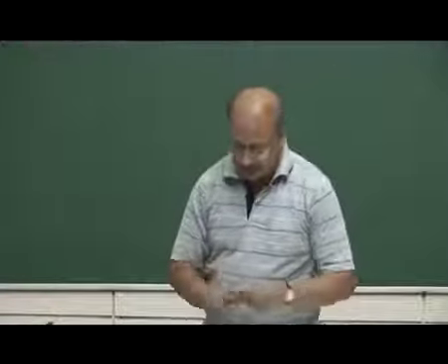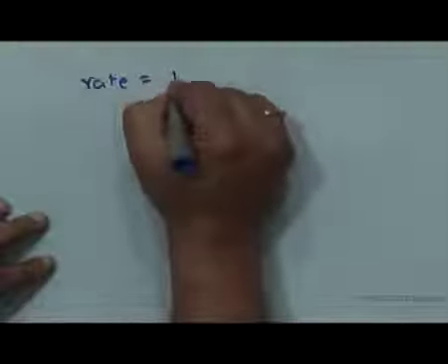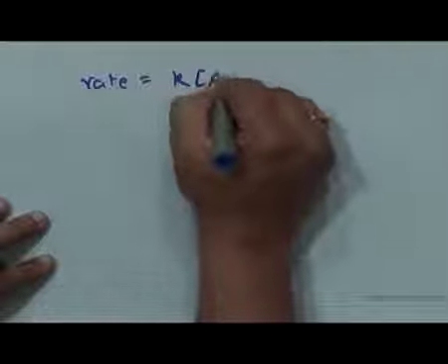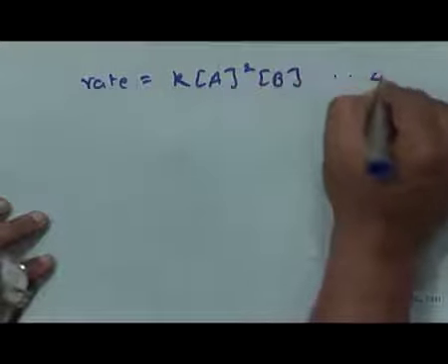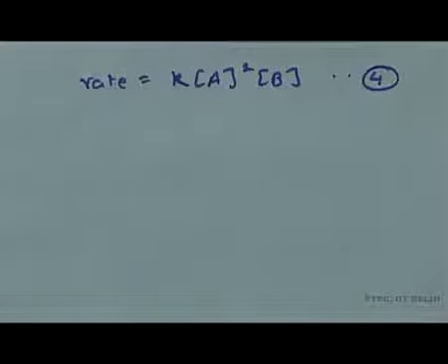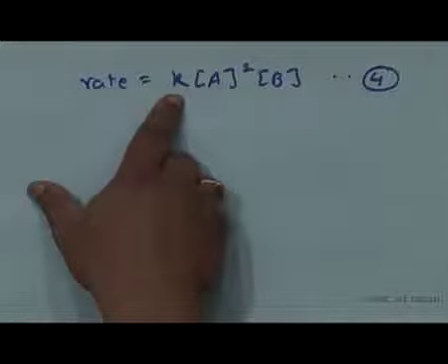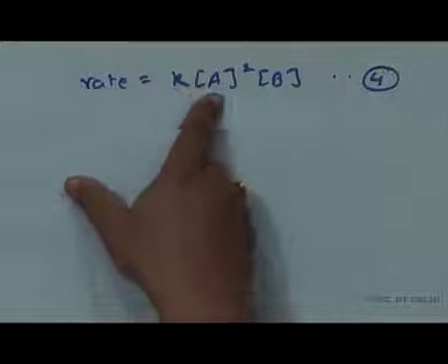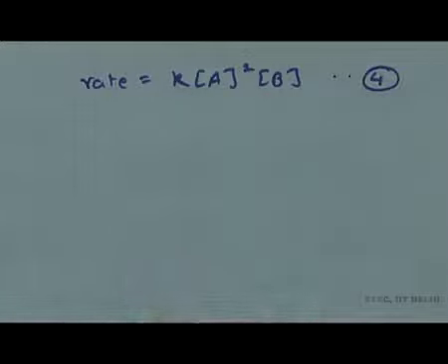If you take another example, where rate is equal to K [A]^2 [B]. So, what are we saying here? By doing experiments we have found out that the rate for a certain reaction is equal to K times the concentration of A raised to the power 2 and the concentration of B raised to the power 1.